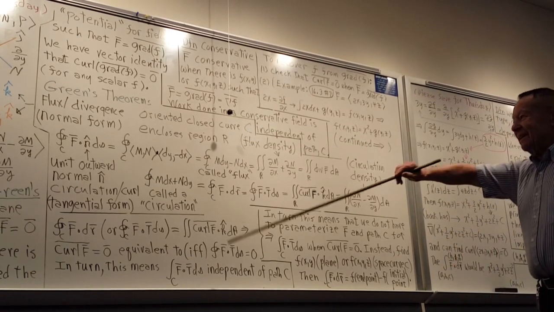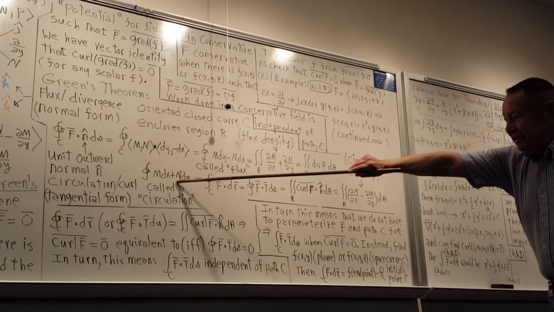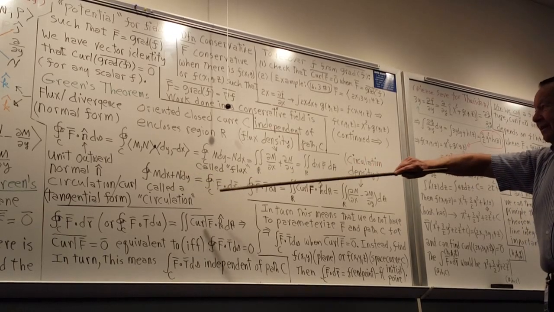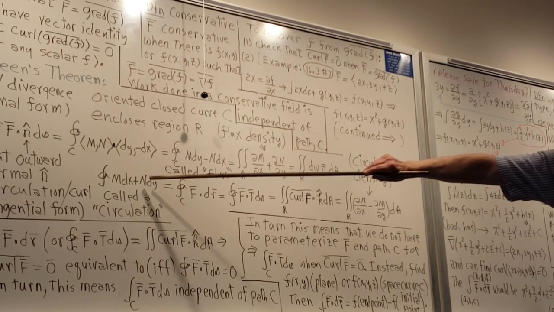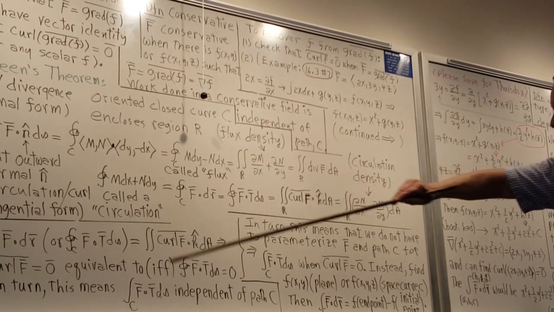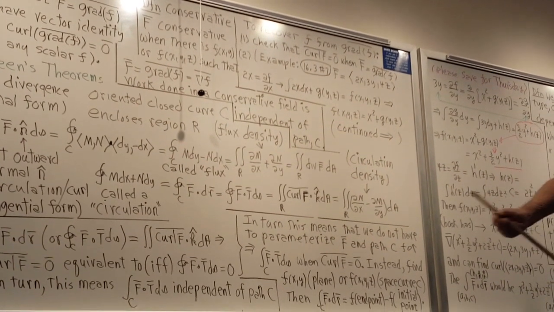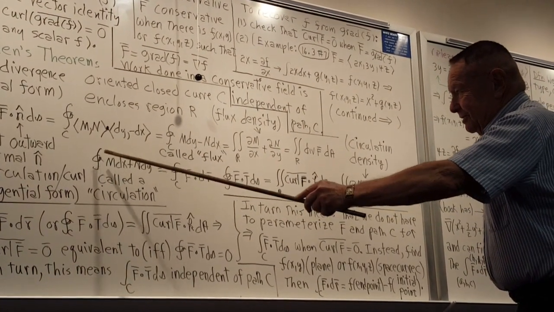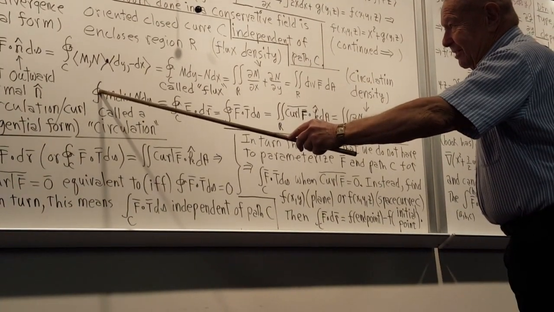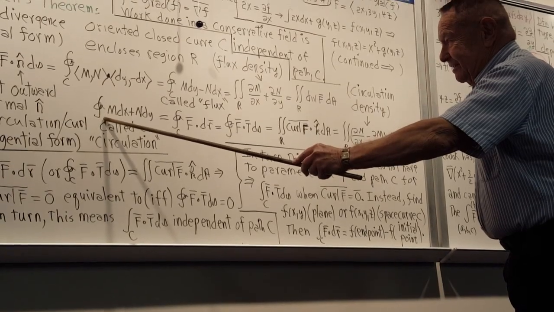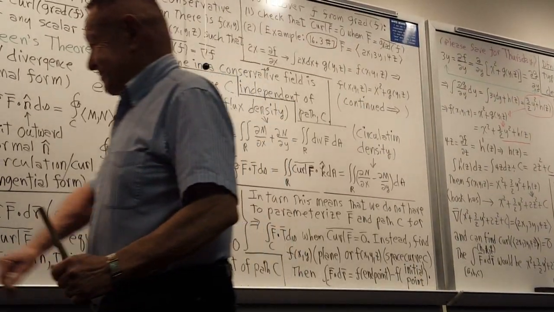And Stokes called this a circulation. Okay, so that's the circulation in circulation curl, and you see the curl is over here. And so the circulation around the closed path, there ought to be a C there.